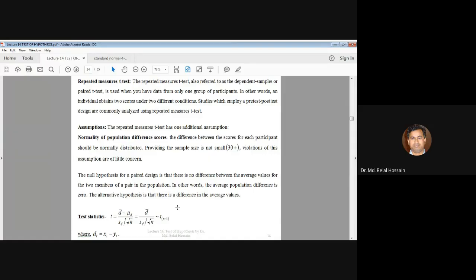So listen to this trick carefully so that the hypothesis testing decision will be easier for you. Take the absolute value of this t calculated. Take the absolute value of this t alpha, that is t tabulated. Then compare these two. If this t calculated is greater than t alpha, that is t tabulated, your null hypothesis will be rejected. Okay, so that is very simple.